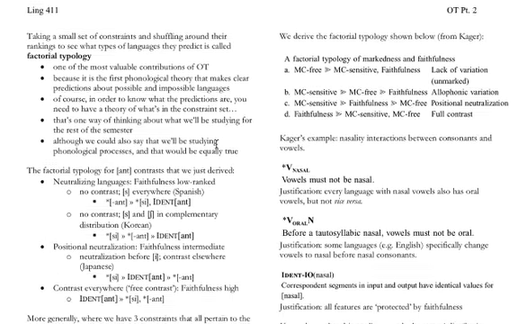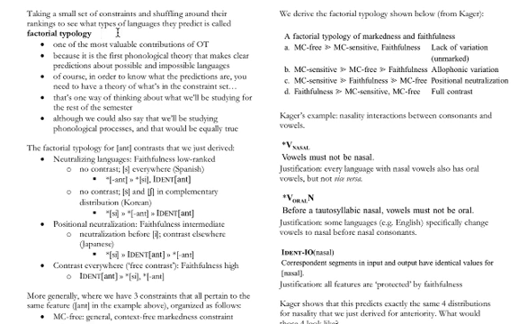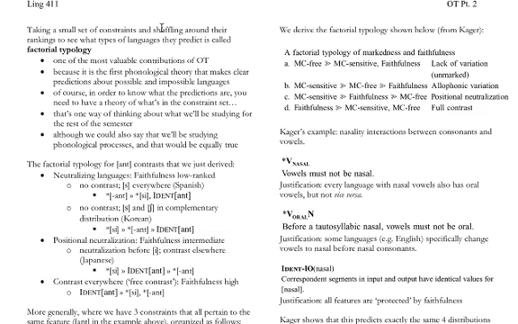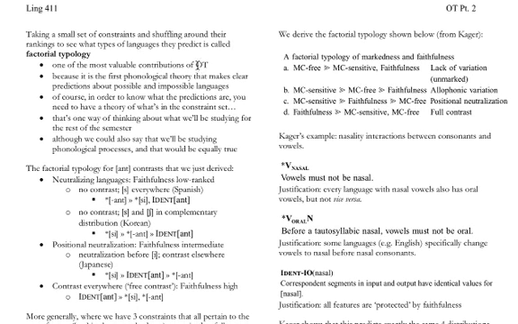So this is an interesting exercise, taking a small set of constraints and shuffling around their rankings to see what kinds of languages they predict. It is referred to as factorial typology. And this is generally taken to be one of the most important and valuable contributions of optimality theory. Why is that?